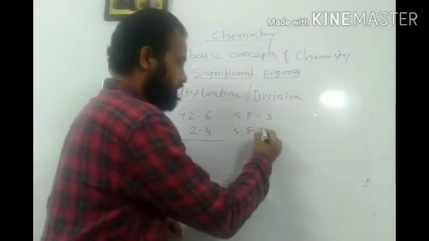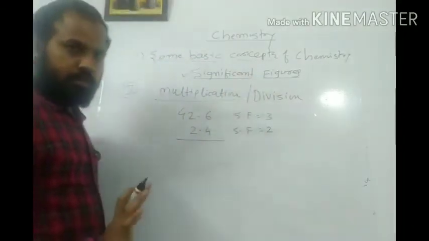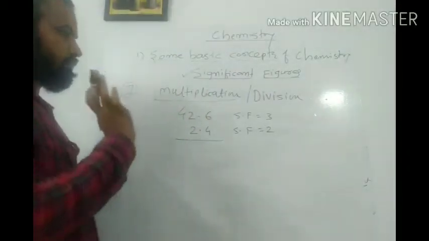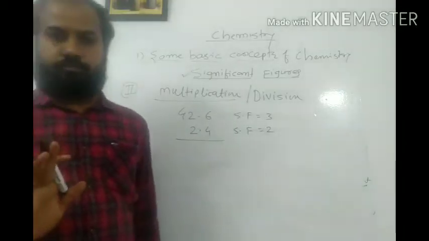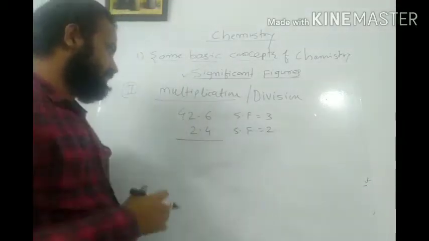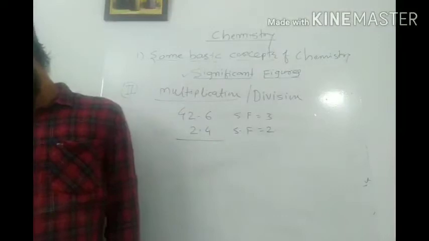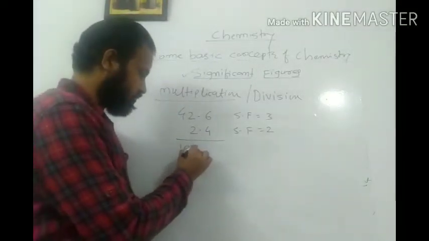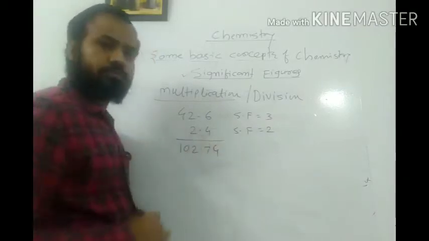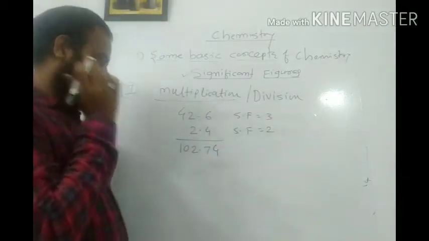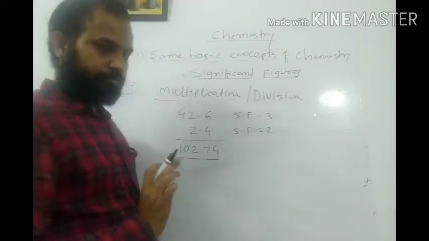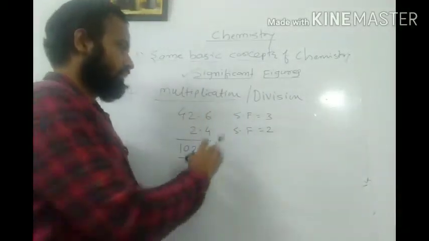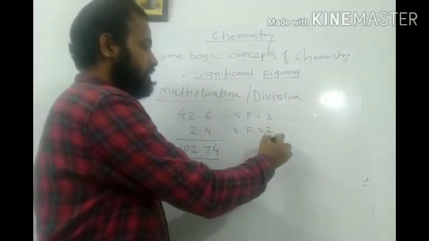So you just write down the significant figures in this operation, then do the usual multiplication. If I multiply, I will get this answer as 102.74. Once you get this answer, you have to see the minimum significant figures. Out of these two, the minimum significant figure count is 2.